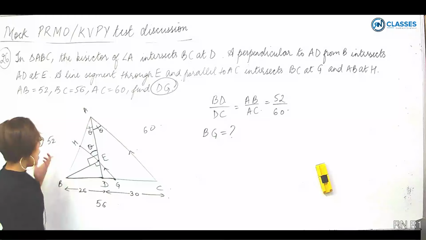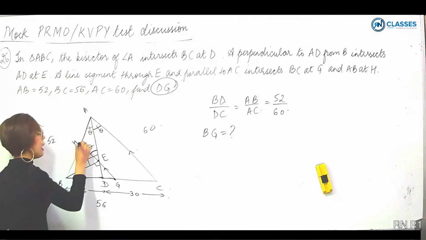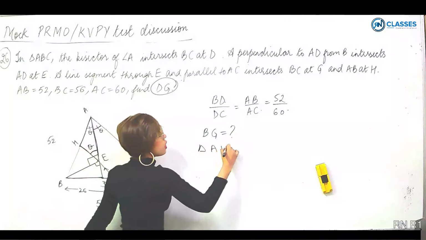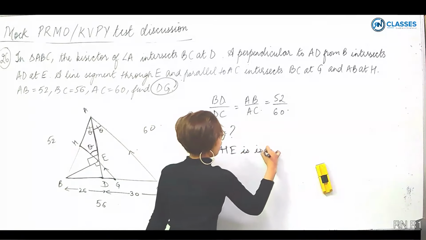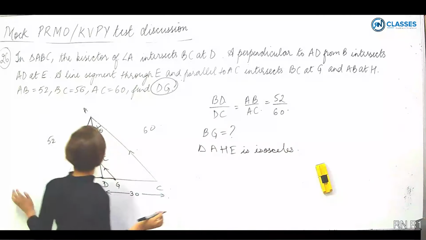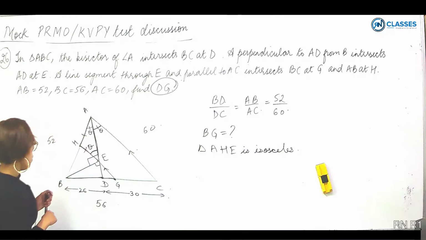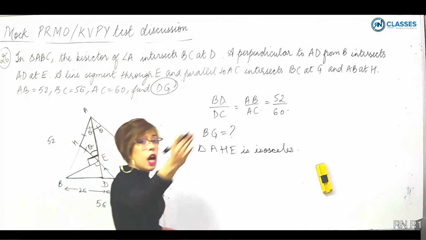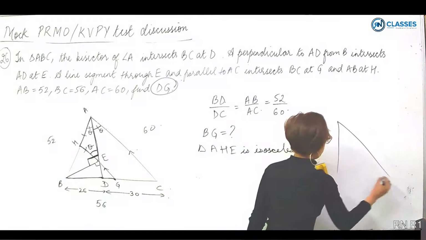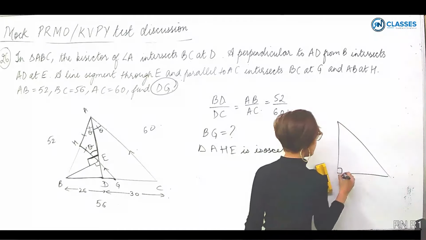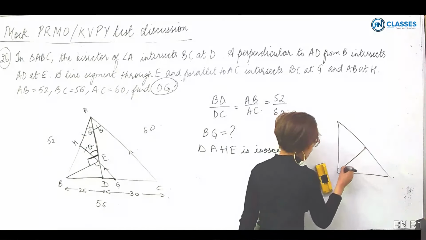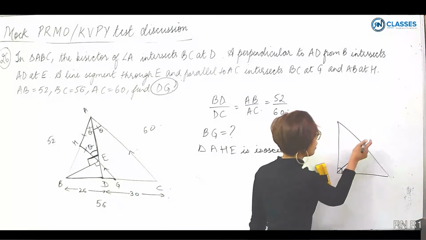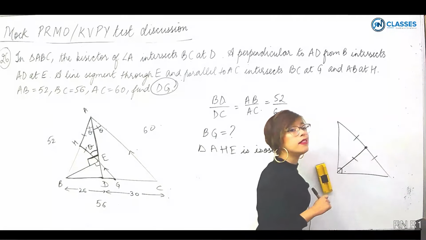Okay, wait a second. Now, you can come to triangle AHE. What sort of triangle is this? Triangle AHE is isosceles. That means this length is equal to this length. Now, mind it, this is 90 degrees. If I have a right triangle, and I take the midpoint of the hypotenuse, I know that the midpoint of the hypotenuse is equidistant from all three vertices.